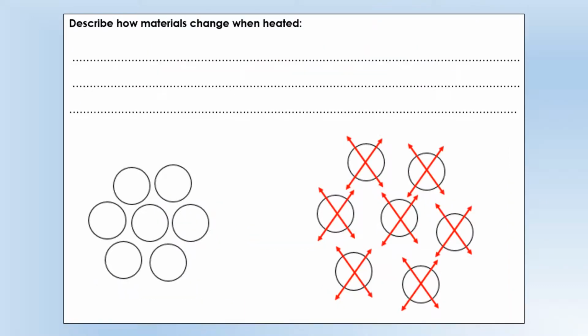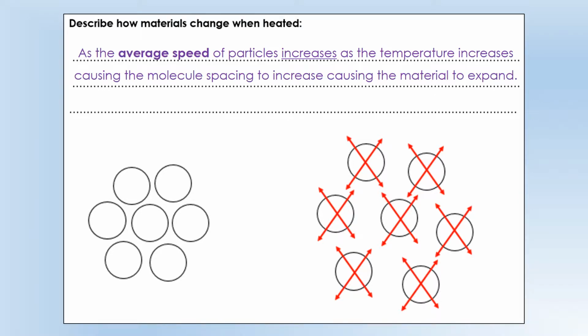So now what we're going to look at is how a material actually changes when it's heated using this kinetic model of matter. So on the left-hand side, you can see a low temperature material, and on the right, you can see what happens as its temperature increases. So the average speed of the particles increases as your temperature increases, and that causes the spacing to increase, which is why a material expands.